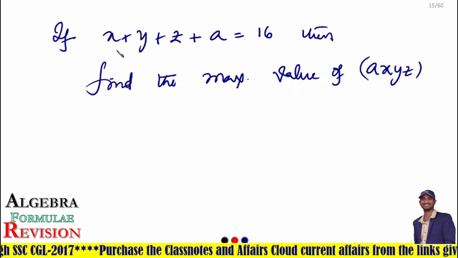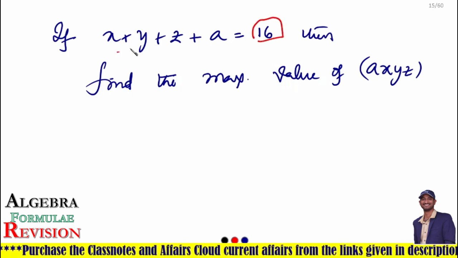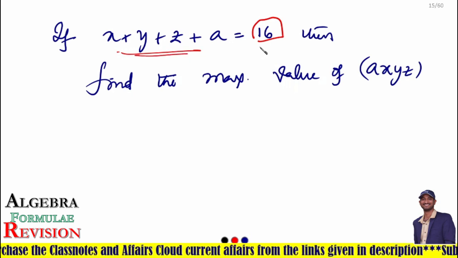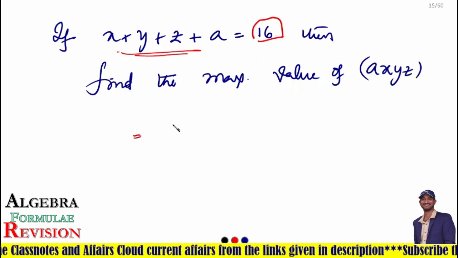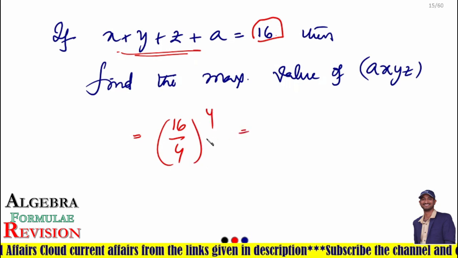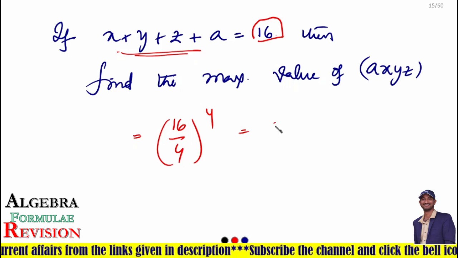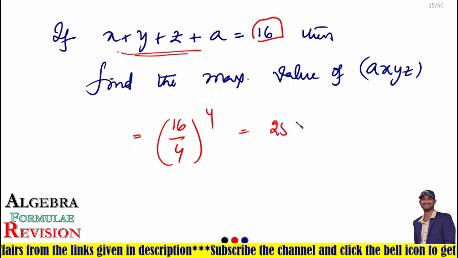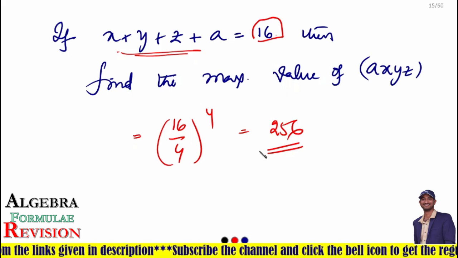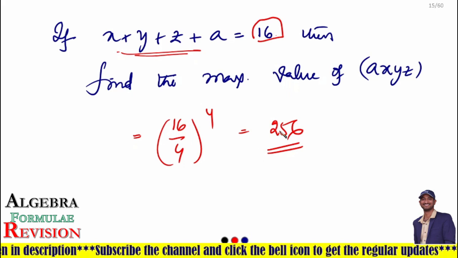Since the sum of the variables is given as constant, and you have to find the product of all these variables, and since 4 variables are there, it is 16 by 4 whole power 4. That means 4 power 4, which is 16 square, that is 256, the exact correct answer. Within less time, you can easily solve this. You can understand easily.